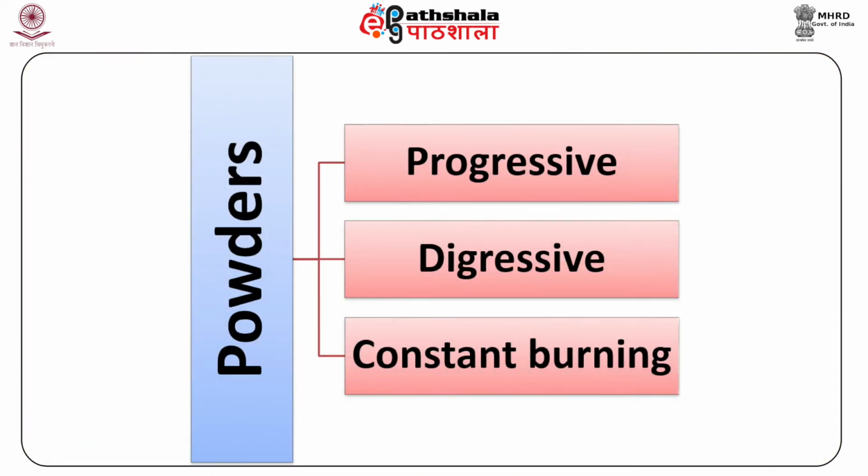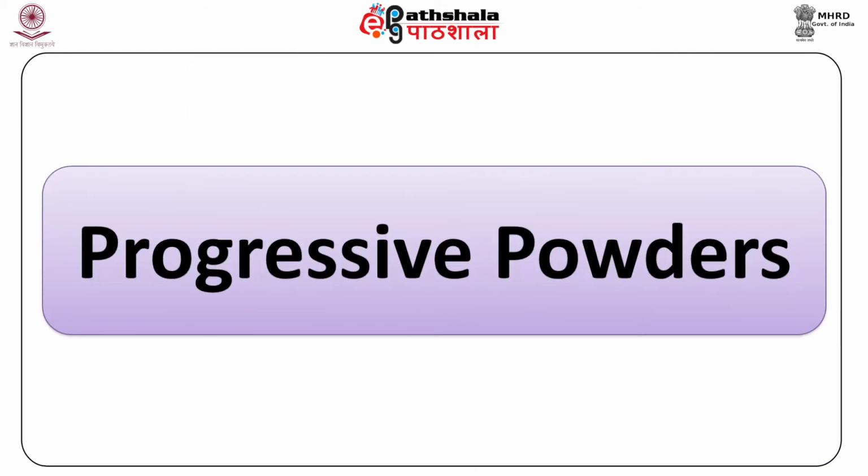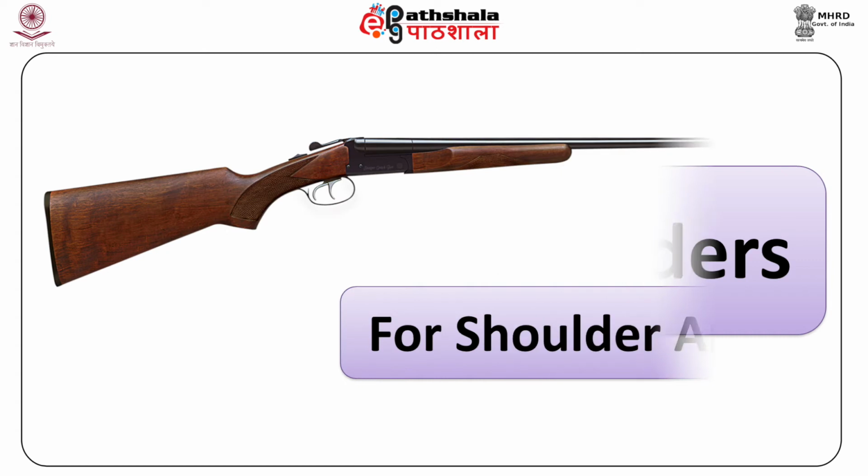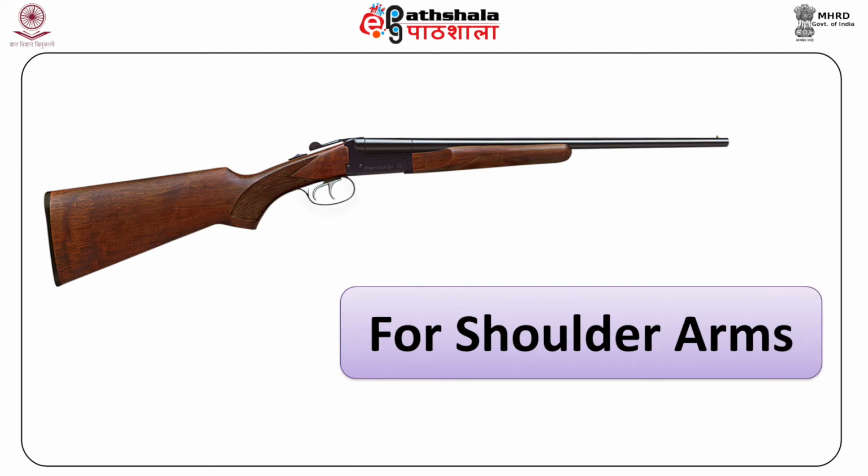There are different types of powders, namely progressive powders, digressive powders, and constant burning propellants, which are explained further. First is progressive powder. For some weapons, particularly in respect of shoulder arms, it is desirable that pressure should not develop suddenly, and the increase in pressure should be gradual.